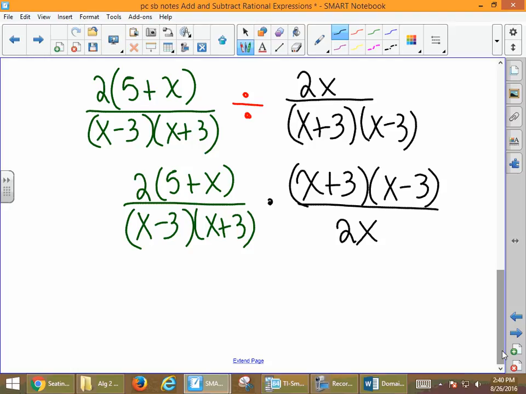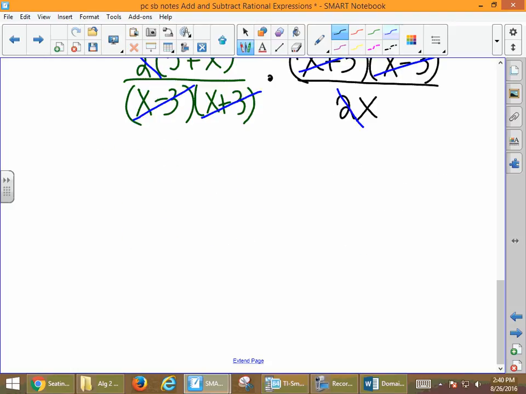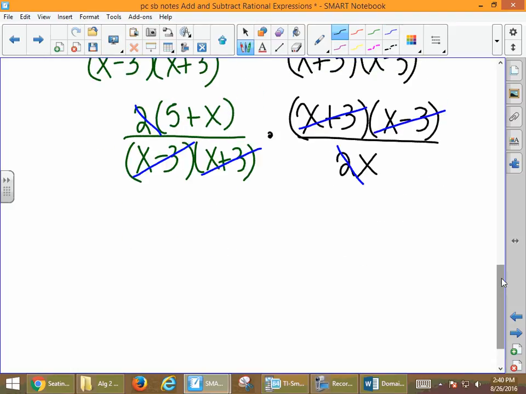Although before we even get there, we can look and see, do we have anything exactly the same in the top and the bottom? And what we see is we've got an x minus 3. x minus 3 divided by x minus 3 is 1. x plus 3, and then x plus 3. We even have a 2 here and a 2 there, which allows us to finish our problem.